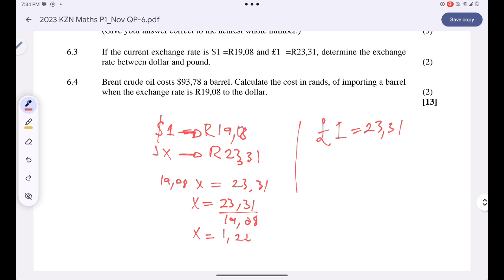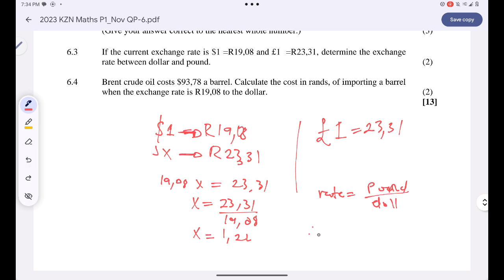Guys, please do not complicate things like I just did. You could have just said, for the exchange rate, you will take the conversion of the pound and the dollar exchange rates with the rand, and divide them.